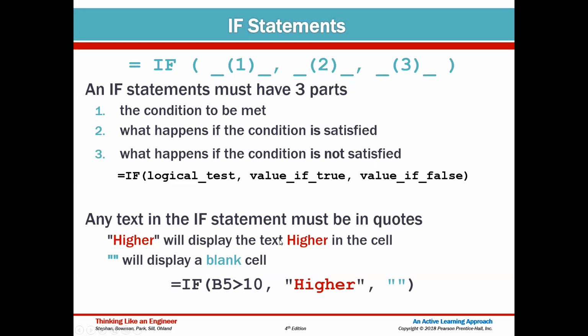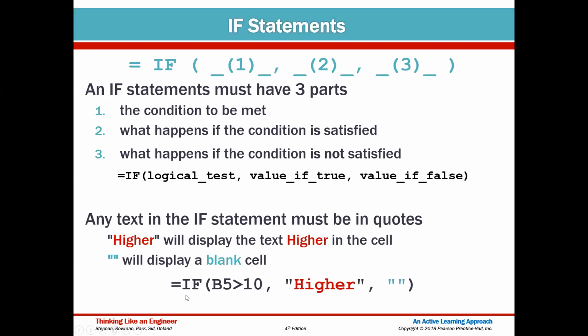If you have text of any kind that is going into a formula, that formula text needs to have these quotations around it in order for the text to display out in the cell later properly. And so, like I said earlier with our if error example, we have these double quotation marks, and that is going to indicate a blank cell.